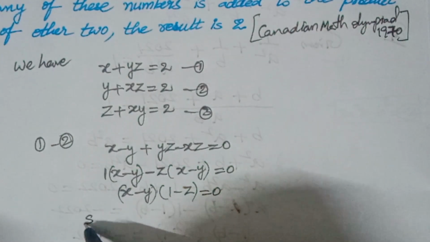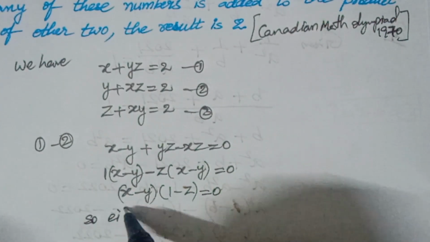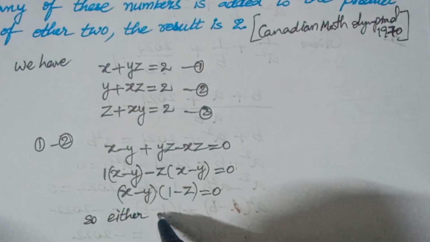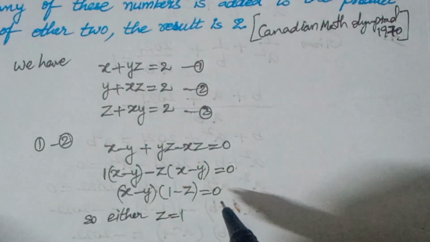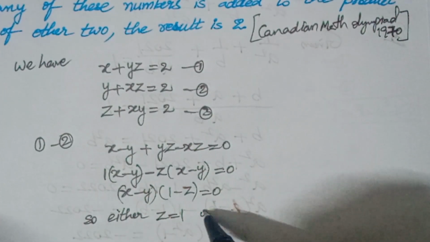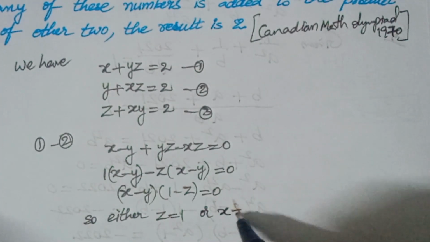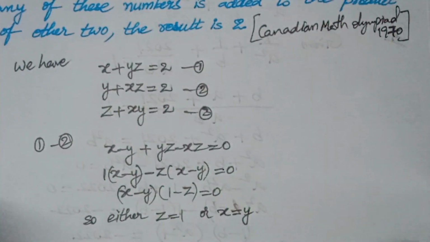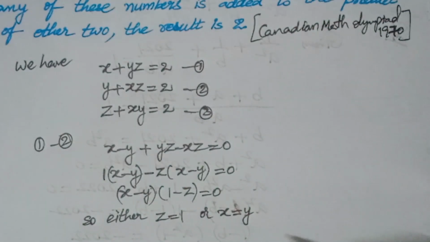So what are the conditions? Either z is equal to 1 or x is equal to y. So these two conditions we get.